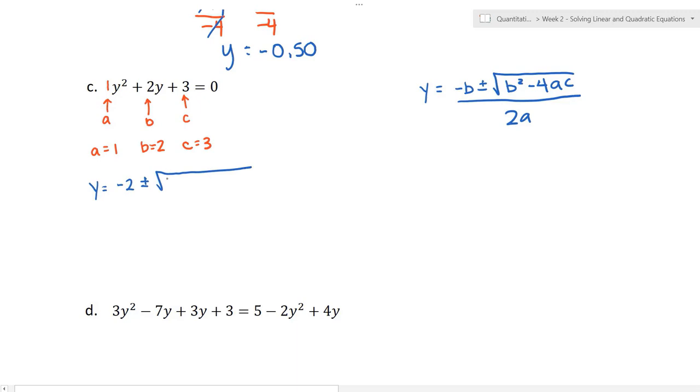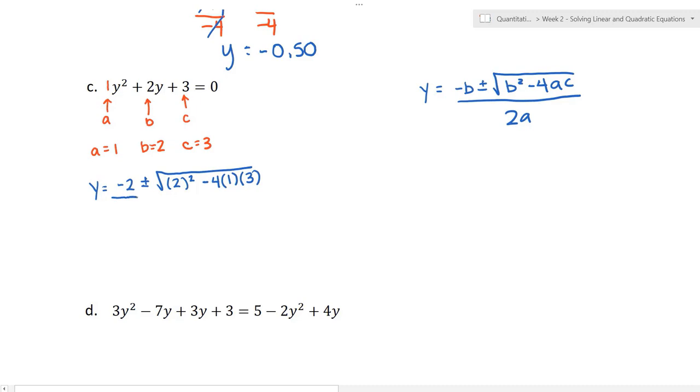So take that b, put it in brackets, and then square it. Those brackets are especially important if b happens to be negative. You need to make sure you're putting them in brackets. Otherwise, if you type it on your calculator or do it by hand, you'll get the incorrect answer. Minus 4. Now instead of a, we're going to put in a 1. And instead of c, we're putting in a 3.